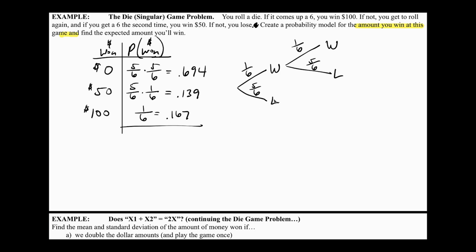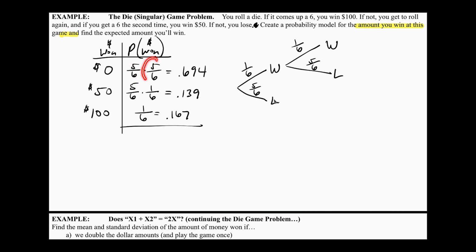Here's my table. Okay. So to not win on the first one, it's 5 out of 6. There are 5 sides that I could get.